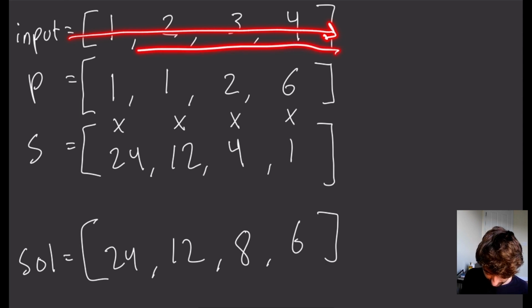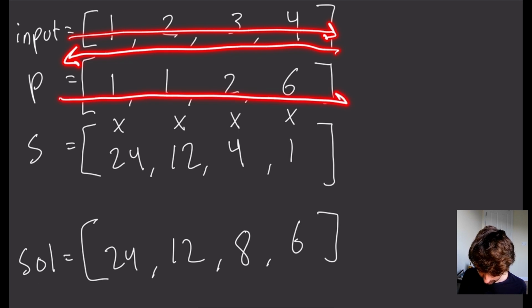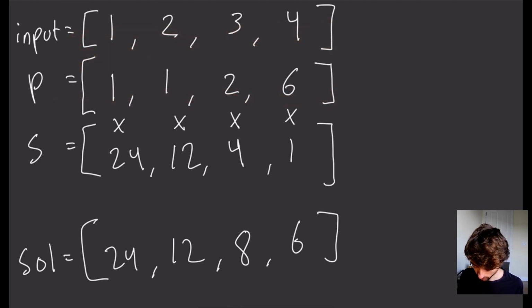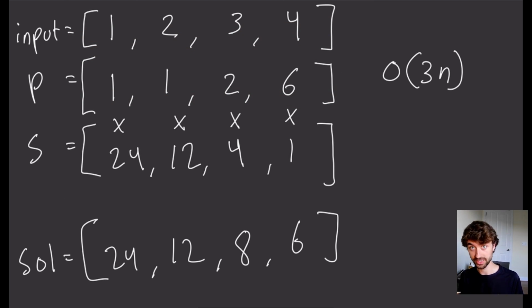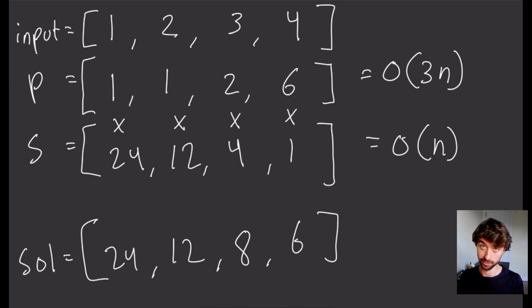We go back again to compute the suffix array, and then we go through one more time to do the multiplication and solve the problem. So that would mean we're going O of 3n, because we go through it 3 times. But as you might know from studying big O notation, you can remove any of the integer constants. So this is just O of n, which makes it an order of magnitude faster than the n squared solution.